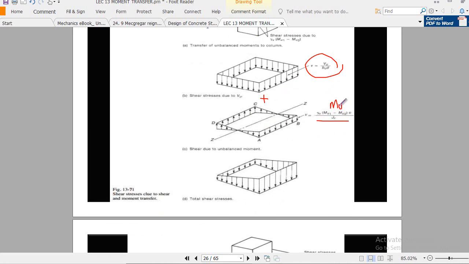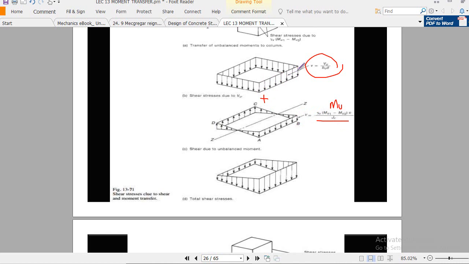If you find the unbalanced moment, you will find it from the moment distribution table or by using the direct design method approach we discussed in lecture number 13. So you have to multiply gamma v times c. You already know that it is the centroidal distance to the top fiber, and Jc, we will explain this c and Jc in a coming lecture. Now gamma v, we already discussed it. So this is now the shear stress at the face of the shear perimeter.